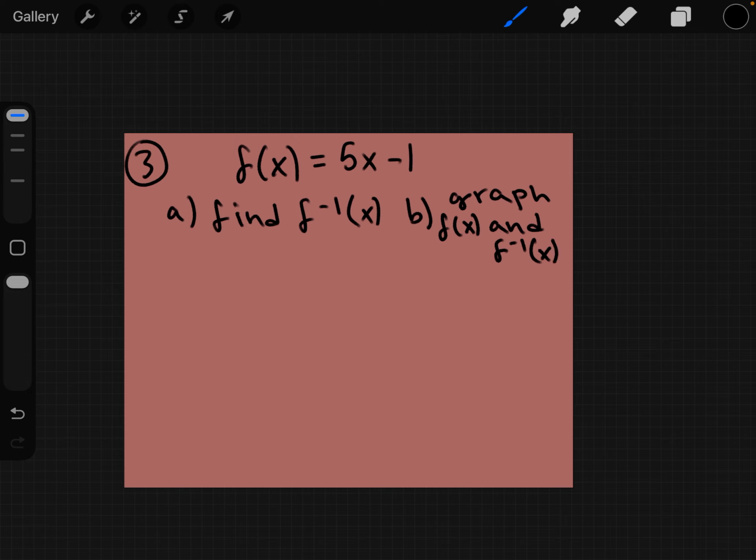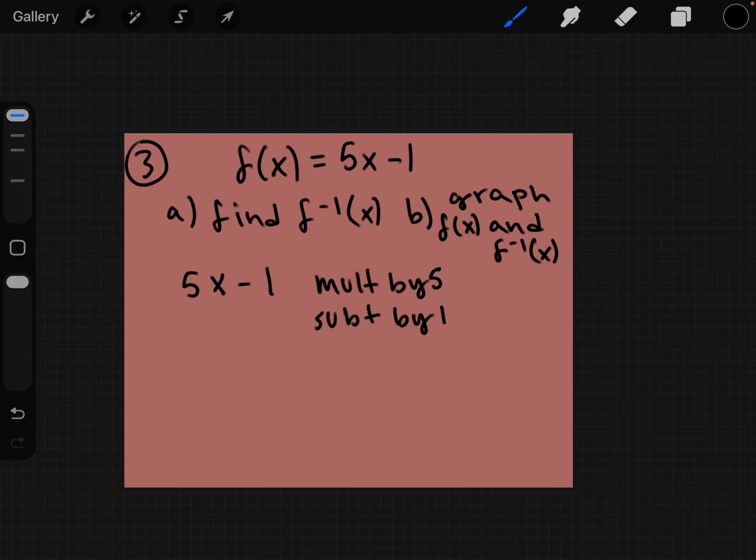Okay, this is one of those ones that's really easy and you can do the cheat code thing that I told you about. If you look at it in regard to x, the first thing that happens is it's multiplied by 5 and then subtracted by 1.